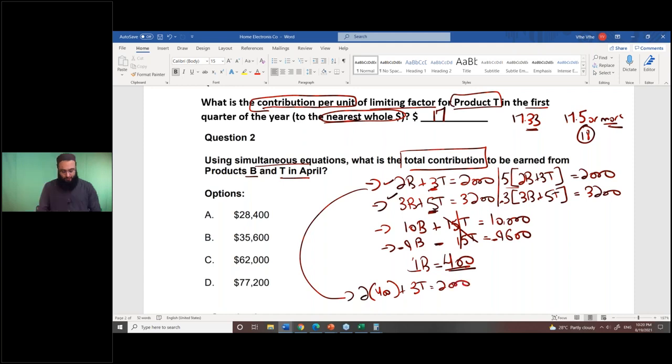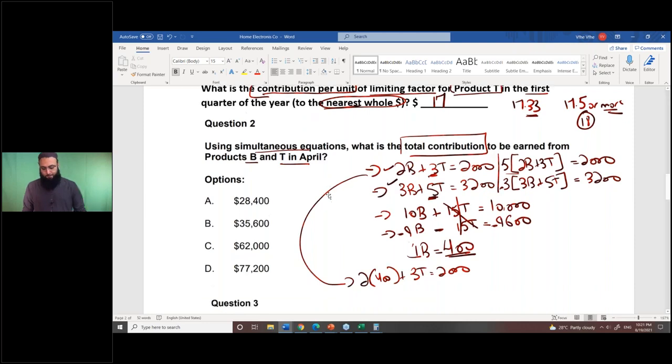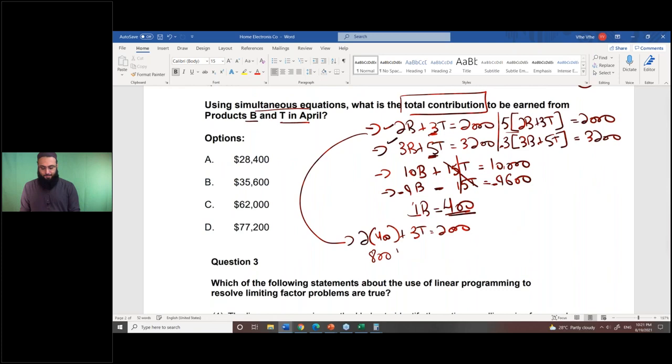So that's 800 plus 3t is equal to 2000, and you will further simplify this. Further simplification will give you the answer that you can quickly work out here. Yes, please, tell me the answer.